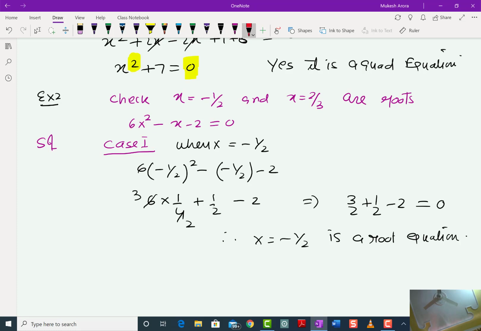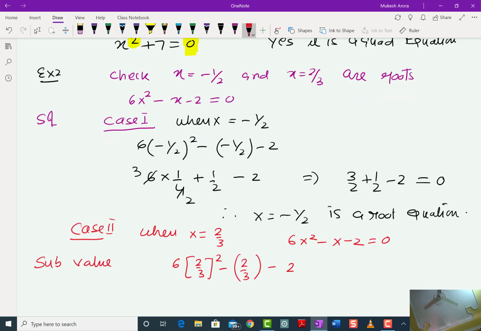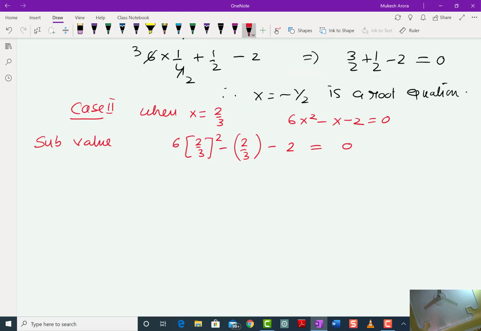So the second value is case 2 when x is equal to 2 by 3. The equation was 6x square minus x minus 2 is equal to 0. Substituting the value, 6 into (2 by 3) raised to the power 2 minus 2 by 3 minus 2 should be equal to 0.